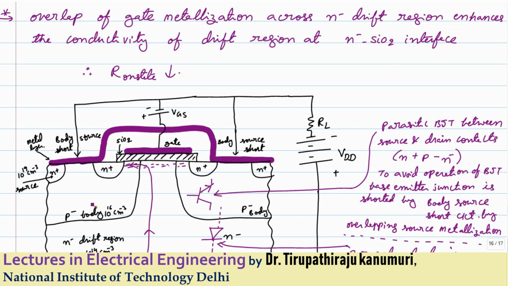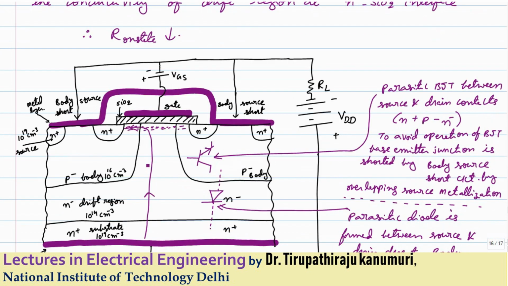Actually this gate should be found only over this P minus region in order to provide this conduction, that means to avoid the problem of reverse biasing. But this is extended up to the drift region. Because of that, more electrons are formed, so automatically the resistance offered to the passage of current will be less in this N minus layer at this region. That is the major purpose of this. So the advantage is that the on state resistance will decrease.